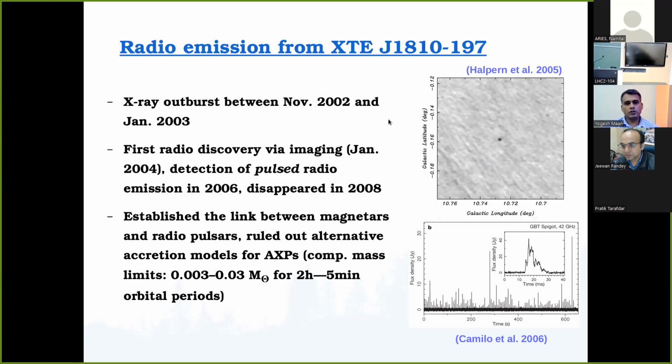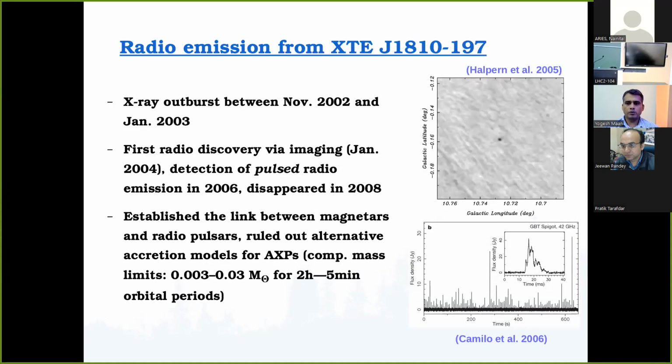After another 2 years or so, despite not too much expectation, people did conduct a time domain observation of this object, and surprisingly found pulsed radio emission. And this established the link between magnetars and radio pulsars, and also ruled out the alternative theories which assumed that there could be very low mass companions to these magnetars, and that these may not be isolated.